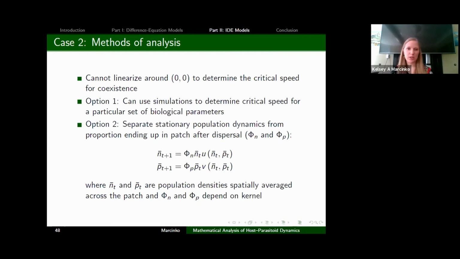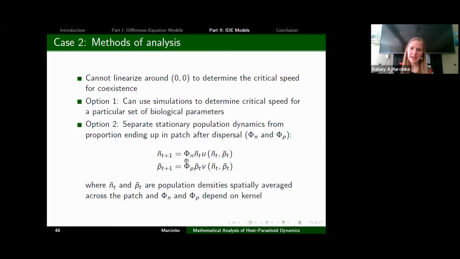from the simulations. The second option that I pursued was separating the stationary population dynamics from the dispersal by looking at the average populations over the patch. So the bar representing the average over the patch. So these equations here, the N and the U, the P and the V, this represents those stationary population dynamics.